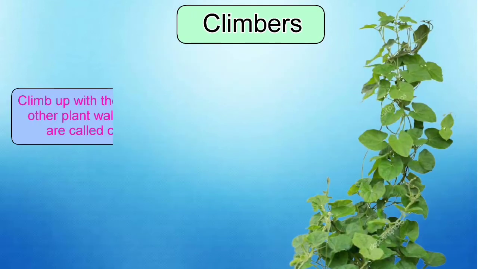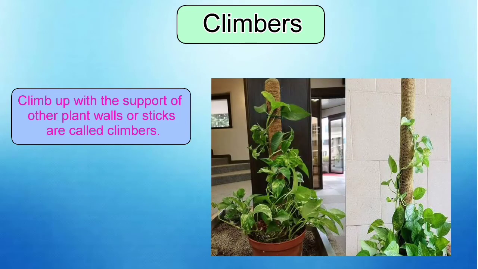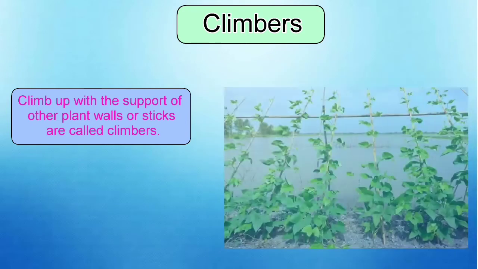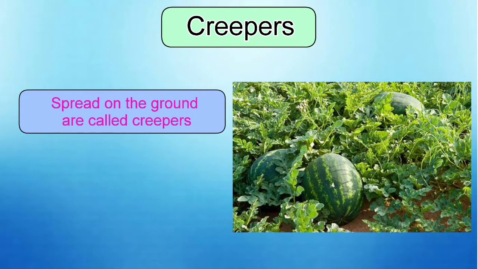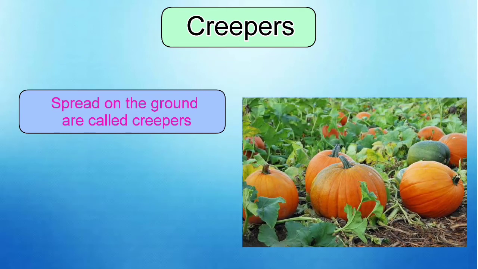Some plants with weak stem that climb up with the support of other plants, walls or sticks are called climbers. For example, money plant, pea plant, bean plant, etc. Plants with weak stem that spread on the ground are called creepers. For example, watermelon plant, pumpkin plant, etc.